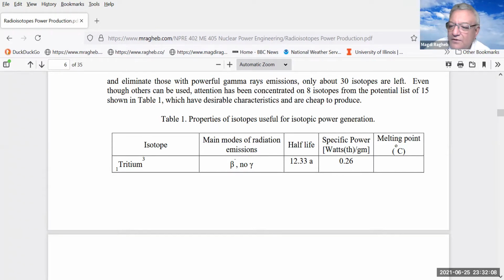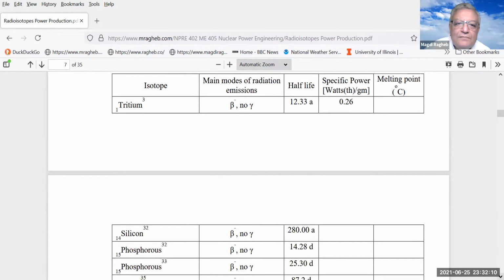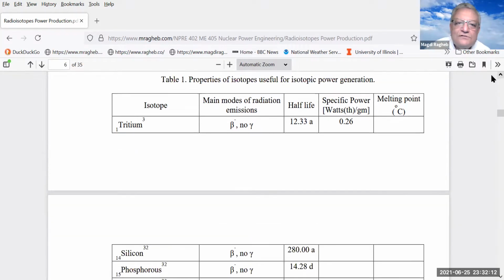So I list some of them here. I mentioned tritium. Tritium is an isotope of hydrogen. It's used, in fact, in our liquid crystal displays, LCD displays. So your laptop computer, your phone uses a tiny amount of that tritium imported from Canada, from their CANDU type of reactors. So it's a big business for them to provide it. Without the tritium, we would not have the red color and the phosphors that we use on our LCD displays.